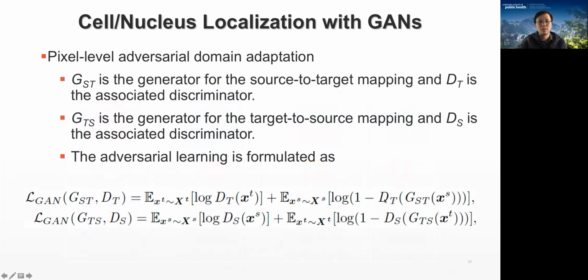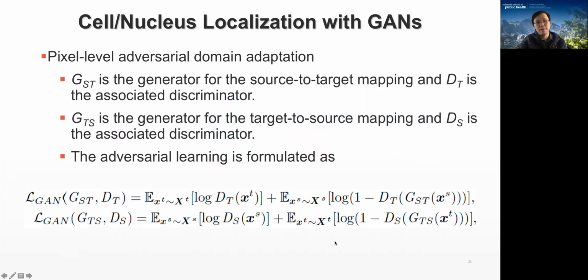Then we use this discriminator to differentiate the transformed source images and the real target image data. Then we will minimize this loss function to learn G, but simultaneously maximize this loss to learn D. And after model training, you will get a very nice generator for the image translation.